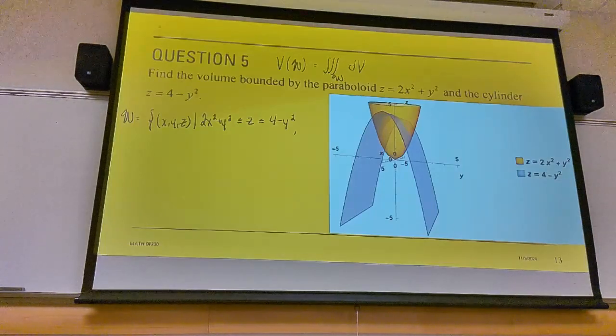Plus or minus the square root of... It goes from negative the square root of 2 minus x squared to positive the square root of 2 minus x squared. What about X? X goes from negative square root of 2 to positive square root of 2.